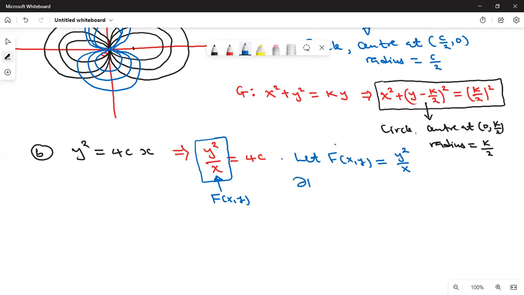I need the partial derivative of f with respect to x. That is negative y squared over x squared. And also partial f with respect to y is 2y over x. So now, what is the ODE for the orthogonal family?